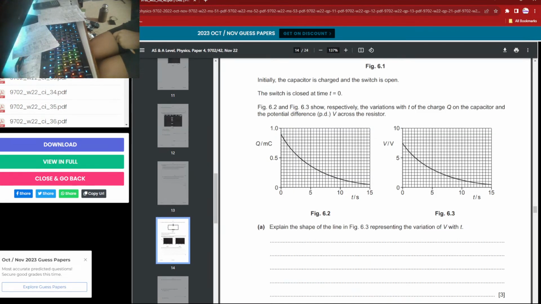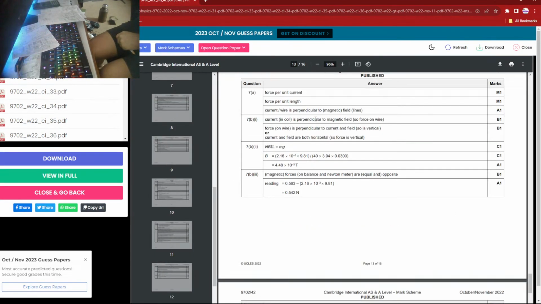Okay, 7B1. Current in coil is perpendicular to magnetic field, so there's force on wire. Okay, if it's flux density, then you just have to keep thinking of the current going through the wire.